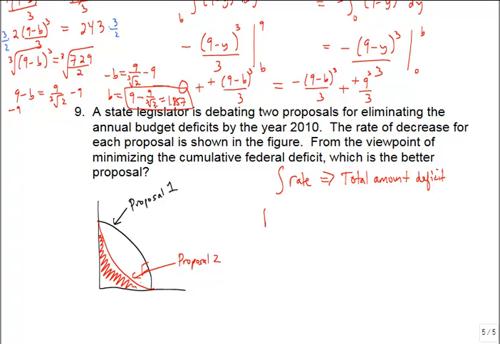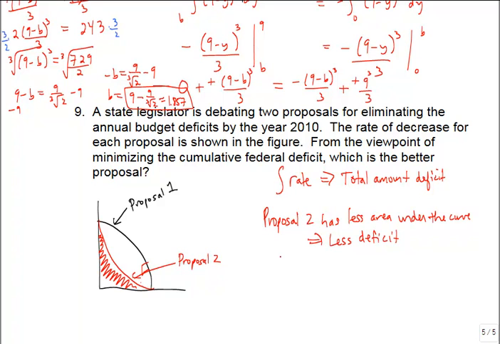So proposal 2 has less area under the curve, which means when you integrate it, it's going to give us less total deficit.